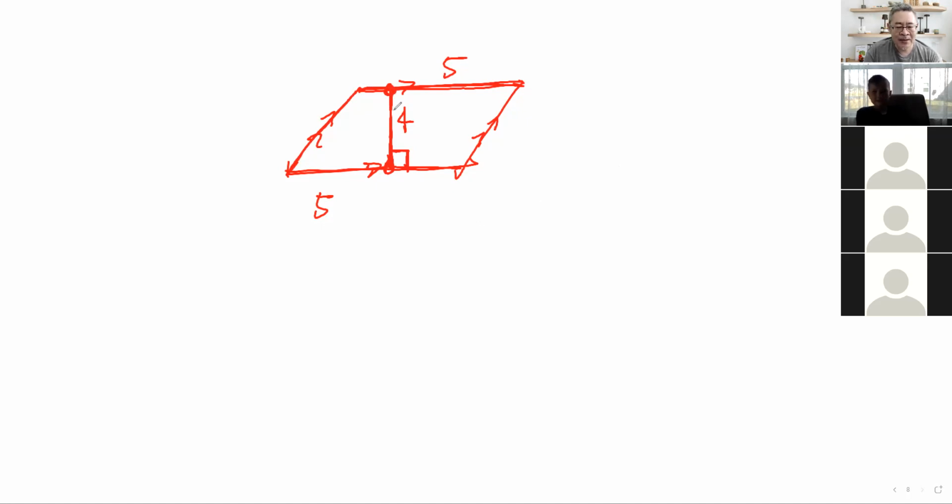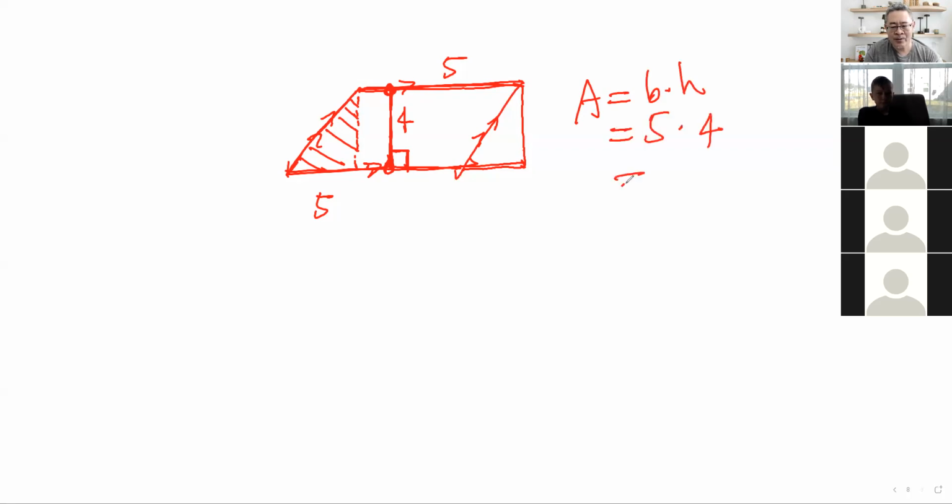Okay, in that case, we can do a trick. We can cut this down like this, and then we put this over to the other side. You can see that will make a perfect rectangle. So for the rectangle, the area is base times height, which in this case is 5 and 4, so it's 20.